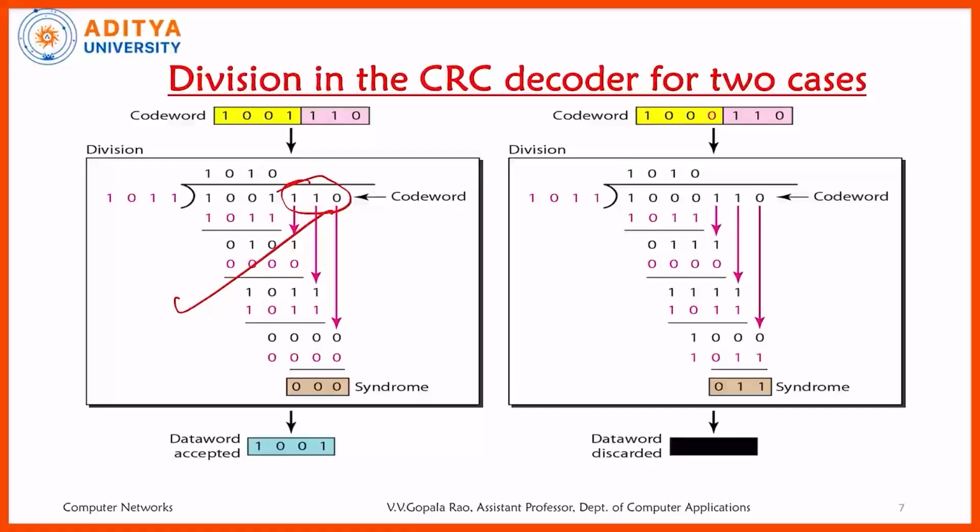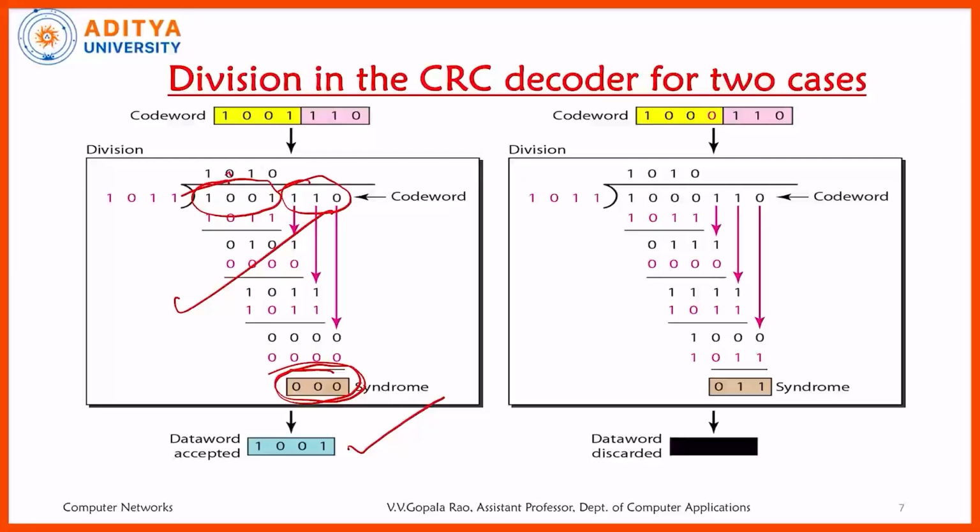The same procedure is carried out as we followed in the encoder, but here the syndrome or the remainder value that we obtain is 000. So this is called the syndrome in this particular terminology. So whenever this 000 is derived, because the syndrome value is all zeros, you can consider this 1001, which is the actual data part, as an acceptable data part.